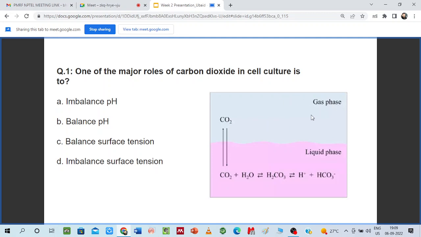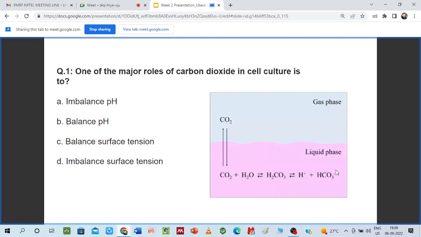For example, if this is the cell culture flask, in the bottom of the flask there are cells, and above these cells there is a liquid phase which is the cell culture media, and above is a gaseous phase where there is 5% carbon dioxide. This 5% carbon dioxide gets dissolved into the liquid phase of the media, and then it gets converted into carbonic acid.